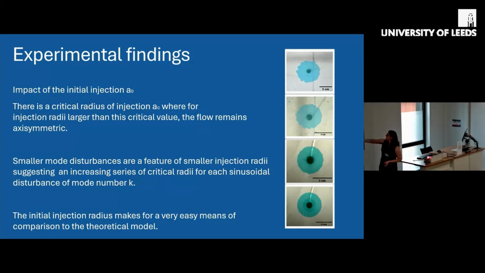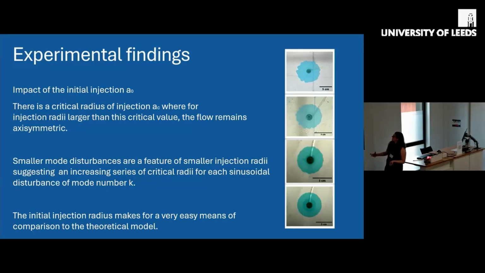So on this side over here in these panels, these are just some images from some of the experiments that were done. Now everything was kept the same. So we had the same xanthan gum solution, same silicone oil, viscosity, everything was the same except for the initial injection radius. So at the top one and the second one here, the initial injection radius was quite small, and here it was much larger.